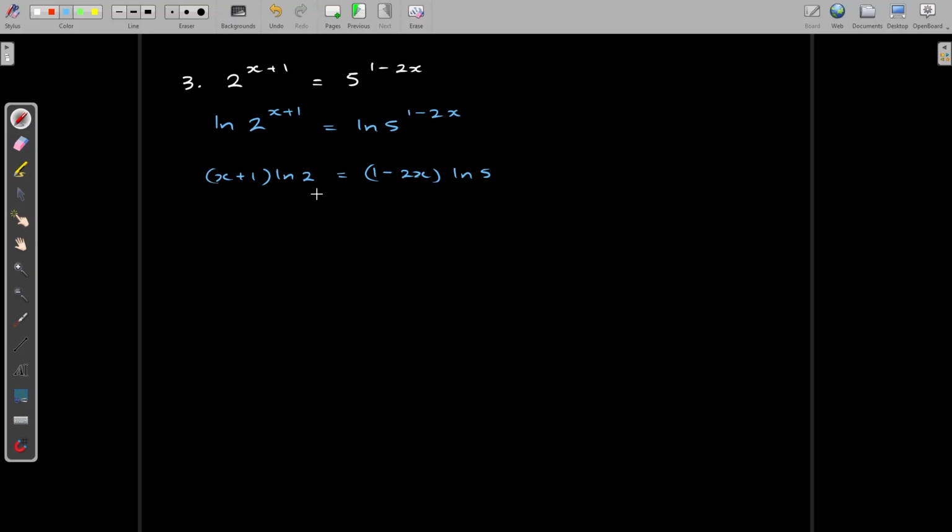So x ln2, ln2, ln5 minus 2x ln5. So we can simplify from there, or we can work it as is and then simplify after. But I'm going to simplify first. So ln2 is 0.69. So 0.69x plus 0.69 is equal to ln5, which is 1.61. So this is 3.22.